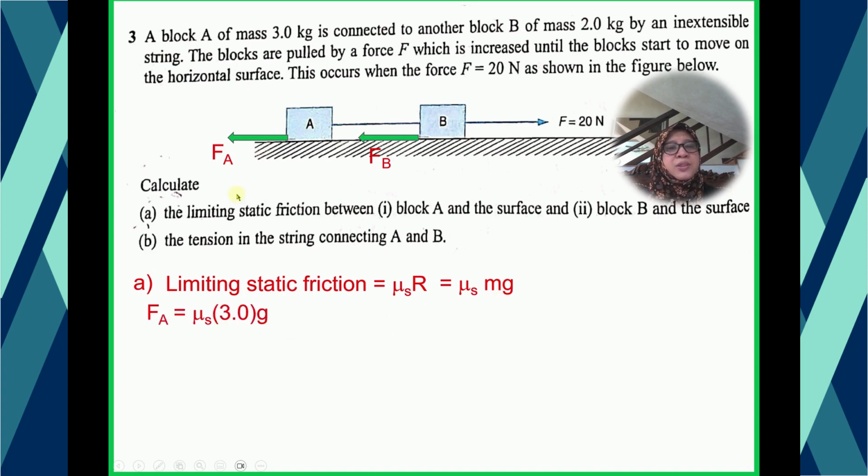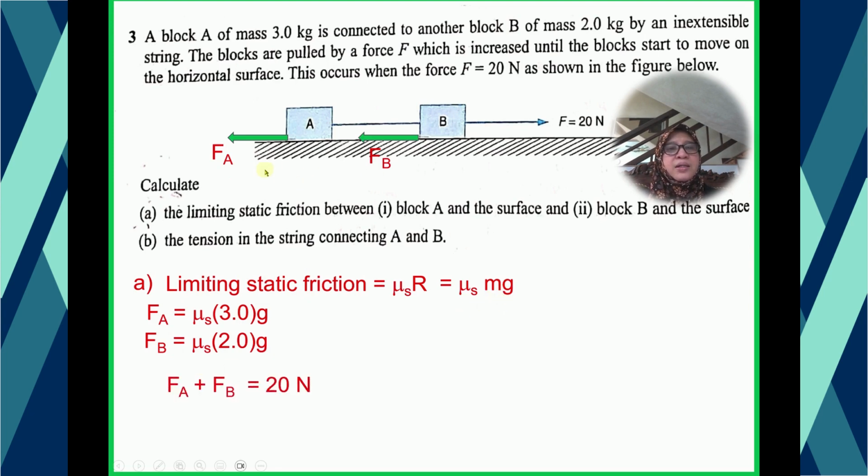So now we substitute for limiting static friction. Fa equals mu S times the mass, 3 kg for block A, times g. For B we do the same: Fb equals mu S times the mass, 2.0 kg, times g. Here the formula is mu S mg.